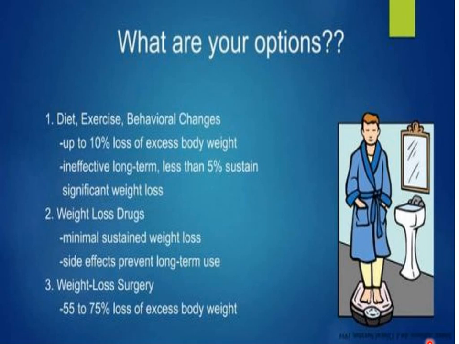The second option is weight loss drugs. The weight loss drug gives minimal sustained weight loss, and the side effects of the drug will make them stop this option. The third option is weight loss by surgery. Why is weight loss surgery preferred for morbidly obese people? Because 55 to 75% of their body weight will be lost.